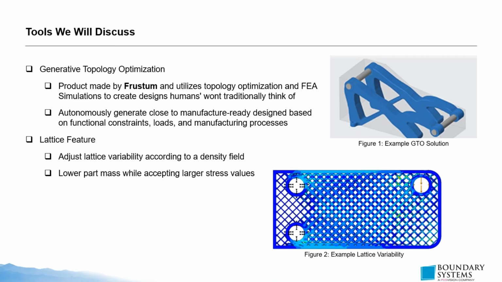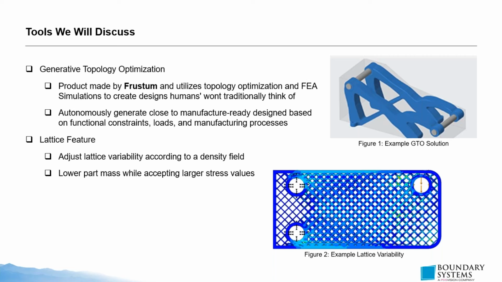The other tool we have is the lattice feature. This tool has been inside of Creo Parametric for a while. However, what's new in Creo 8, and what we're really going to focus on, is the ability to adjust our lattice density and variability according to a density field.